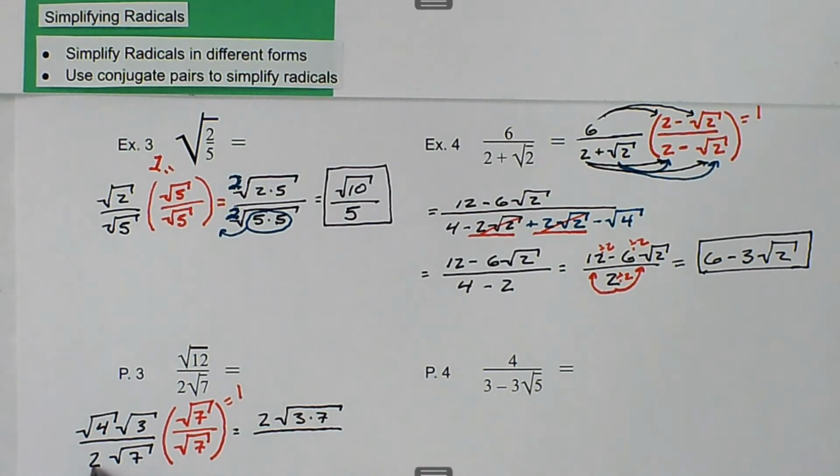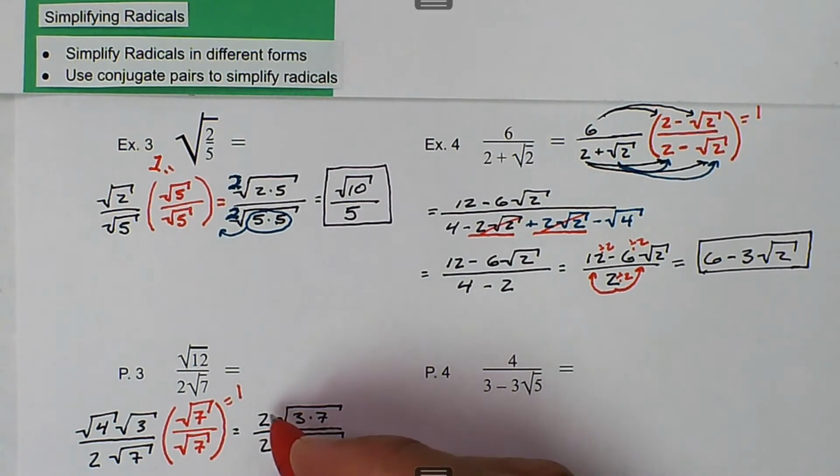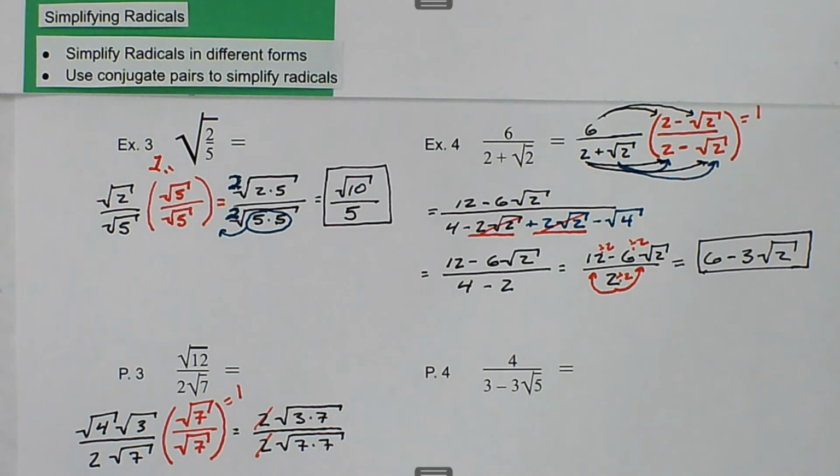And over here, we have 2 times the square root of 7 times 7. So now we can look at really simplifying this. We have a 2 in the numerator and a 2 in the denominator. Those cancel each other out.